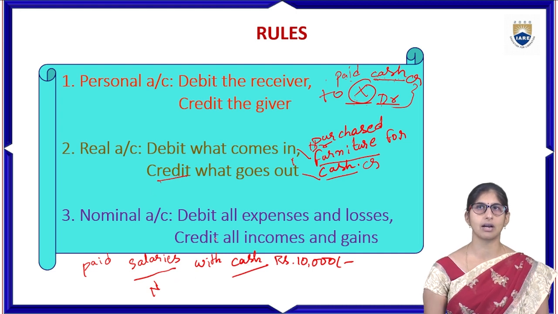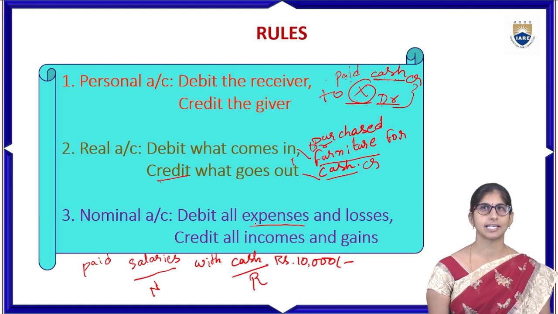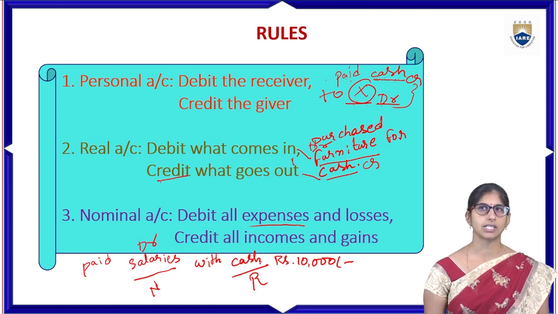Cash is a real account item, that is R. Okay. So now coming to salaries account, it is an expenditure for our business. So debit all expenses. So we have to debit this. Coming to cash, cash is a real account item.